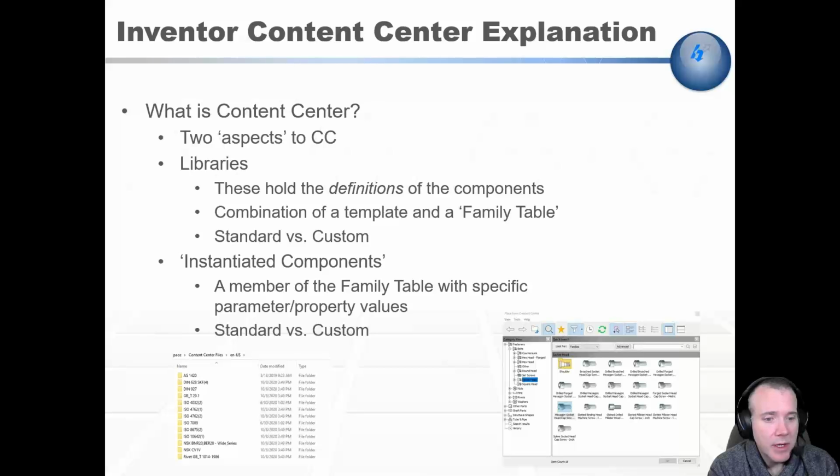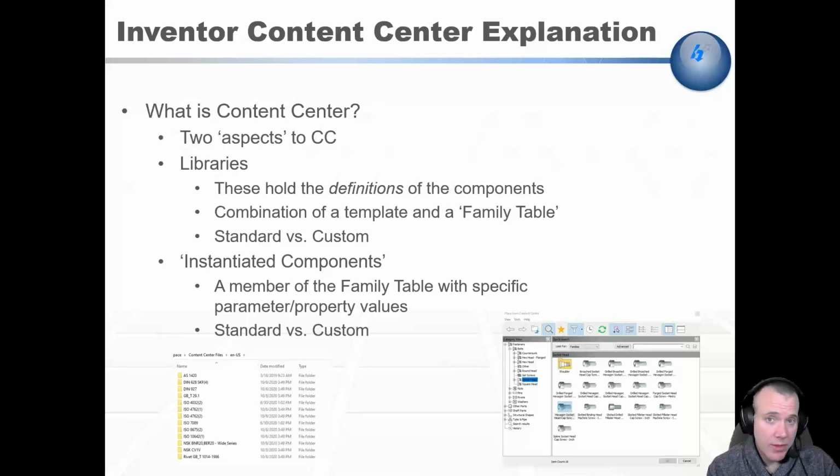These are either completely custom, where you create an empty library and start publishing components to it, or you might copy a standard read-only library to a custom library and then start editing those previously standard read-only components. The most common example would be to add a column to a family table for your internal part numbers, or to add iterations to a standard family table that you might buy that aren't in the standard library, or maybe take some things out.